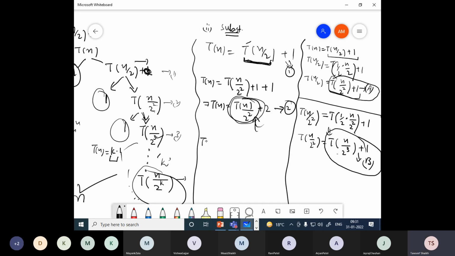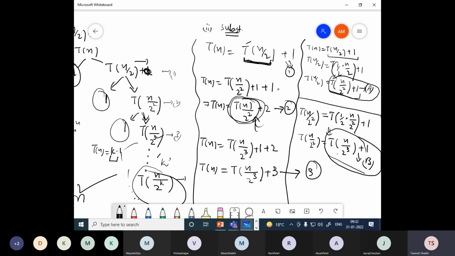That means T(n) will be equal to T(n/2³), plus this 1 from equation B, plus this 2 from equation 2. No change in its value. So T(n) will be equal to T(n/2³) + 3, denoted equation number 3.